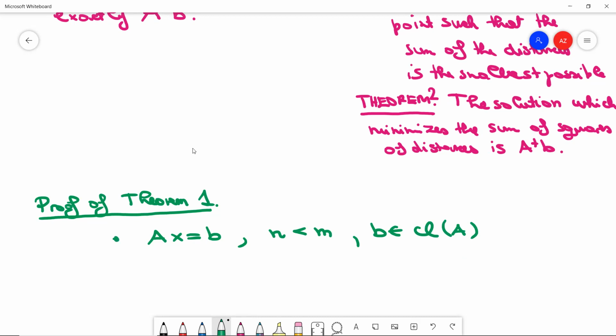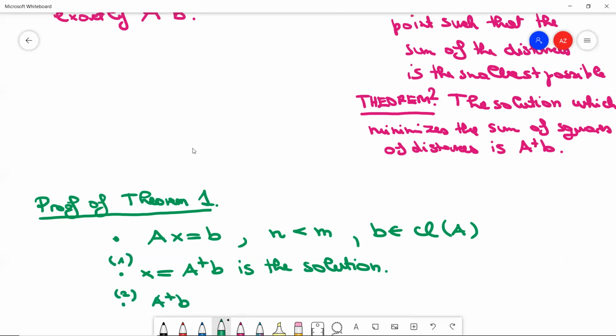And we would like to prove that X equal to A plus B is the solution. This is the first part which we want to prove. And the second part is that A plus B has minimal norm among all solutions.